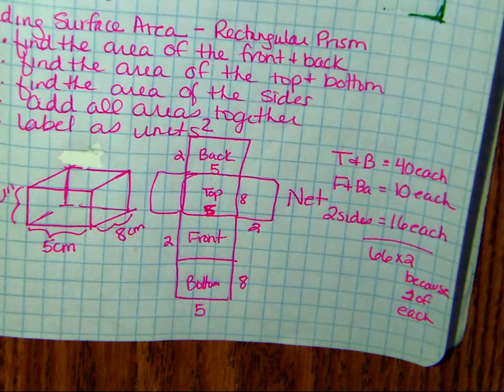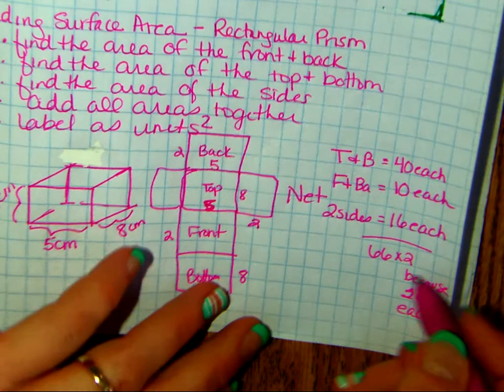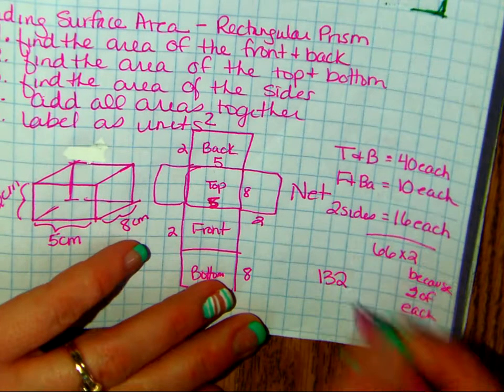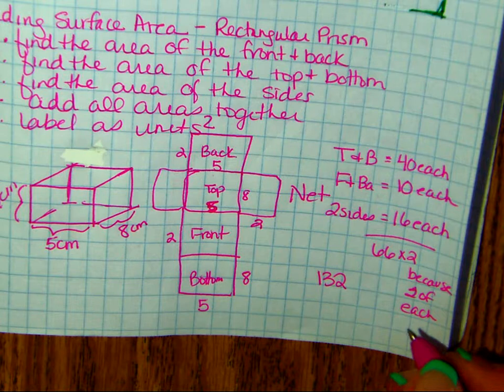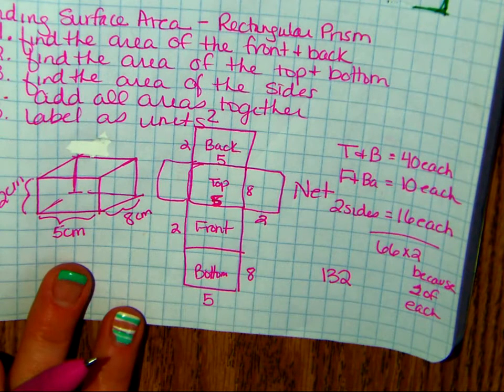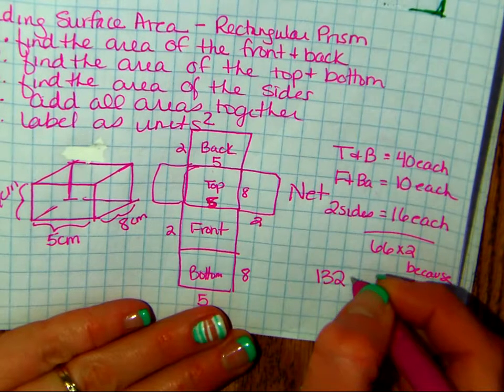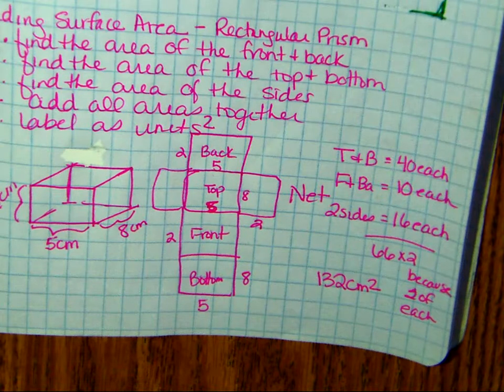What is 66 times 2? Adriana. 132. And it's 132 what? Units squared. Do we have an actual unit present? Centimeters. So it would be centimeters squared.